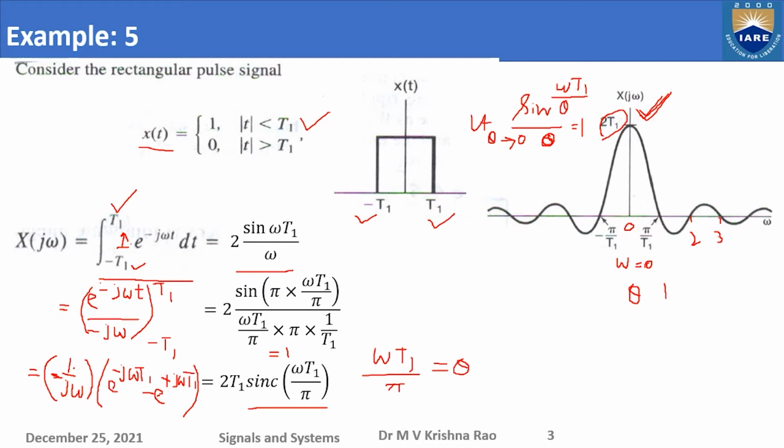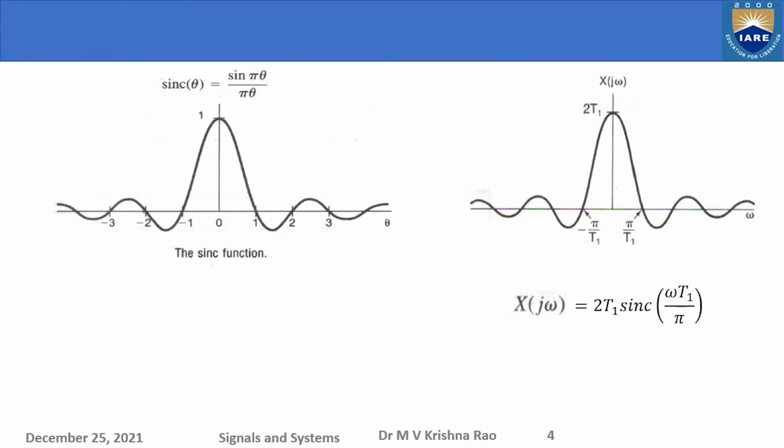So let us move to the next one. See, here I have written already. This is called the standardized sinc function, and in this one theta is the variable, and theta is 1, 2, 3. They are integers here. At integer values of theta, you have the nulls. That means the function becomes 0 at that point. These are the roots of the function.